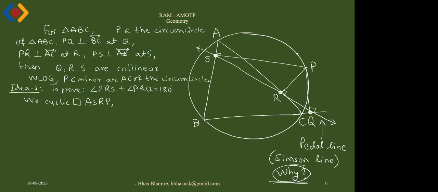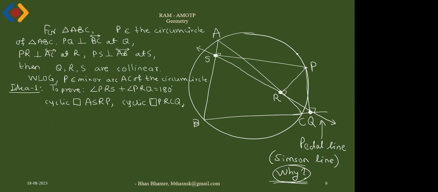Okay, so we consider the cyclic quadrilateral ASRP and the cyclic quadrilateral PRCQ also. There are many cyclic quadrilaterals. Is there any more cyclic quadrilateral that we can get?